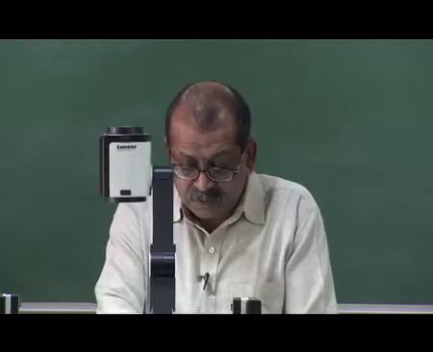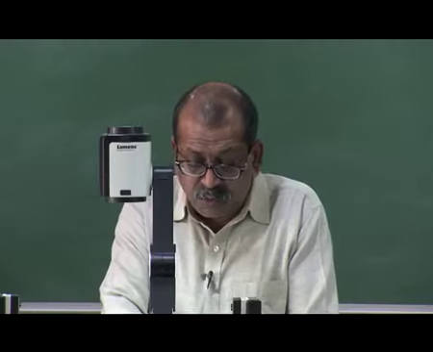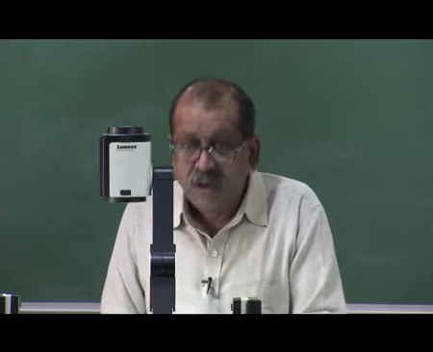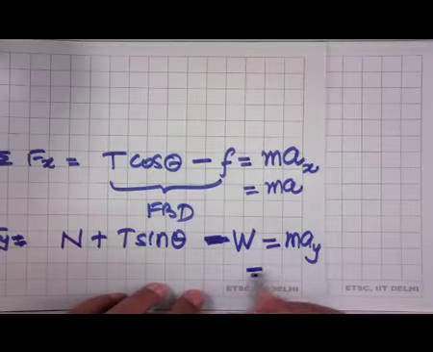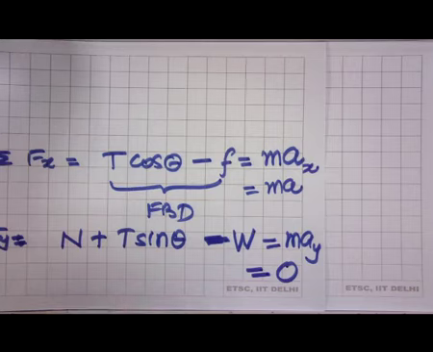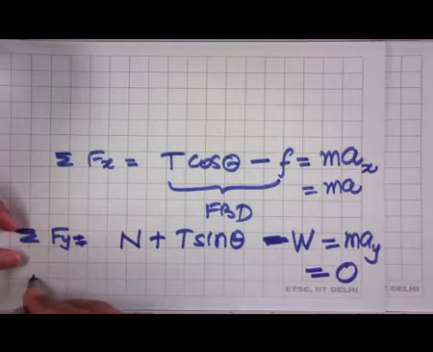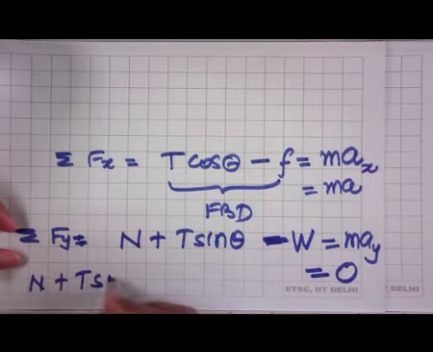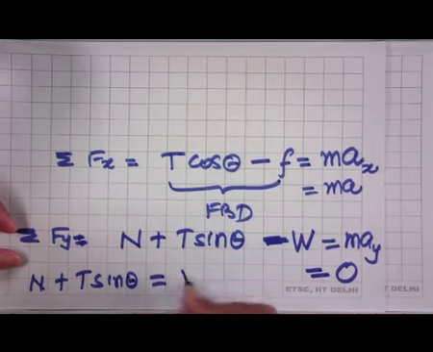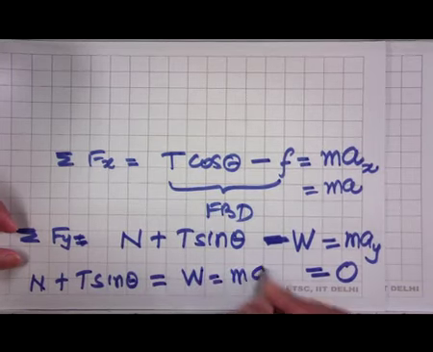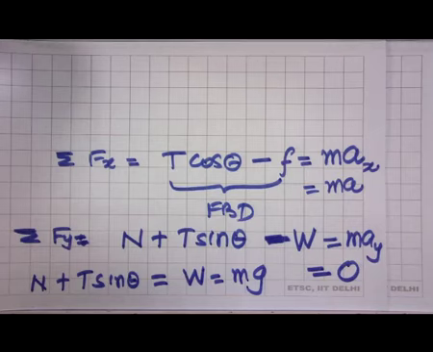We know that this block is moving only along the x direction, therefore this acceleration is equal to 0. So, what we get is N plus T sin theta is equal to W, which we can also write as mg. So, this gives us the second equation.